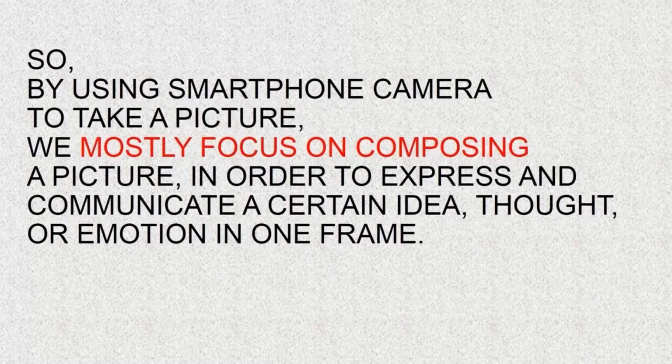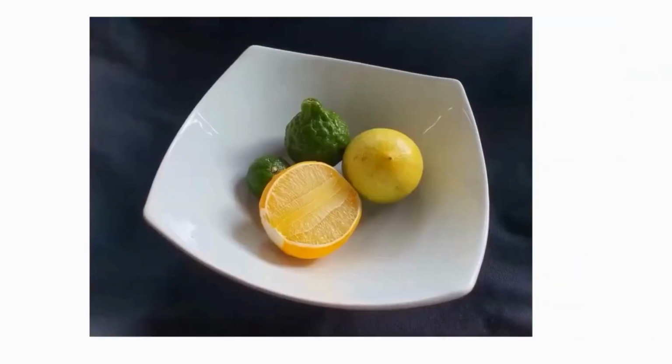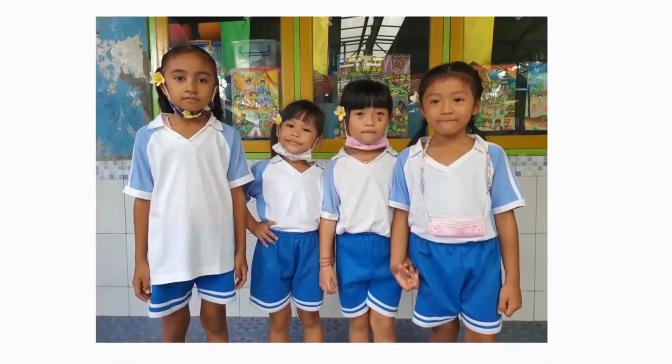If we develop good composition skills and gain a sufficient understanding about exposure techniques, we are on the right track. So, by using a smartphone camera to take a picture, we mostly focus on composing a picture in order to express and communicate a certain idea, thought, or emotion in one frame.